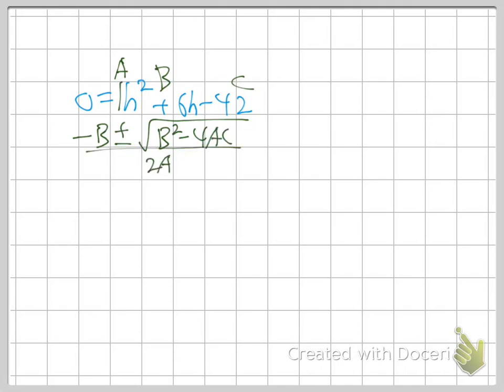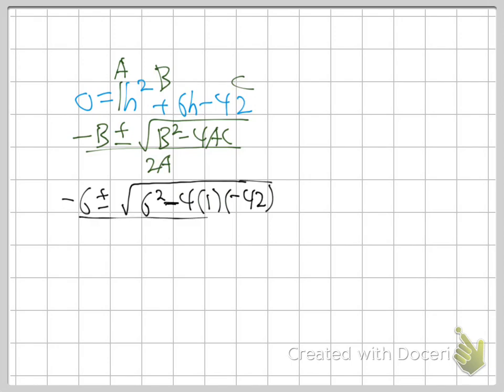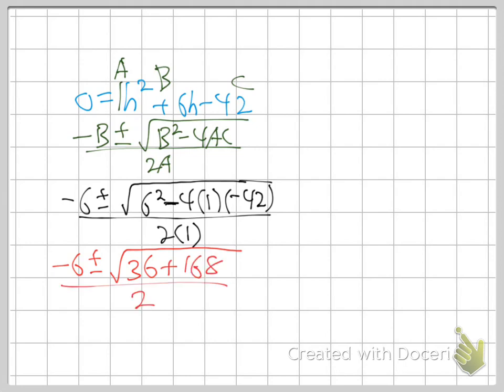Okay, so it's negative 6 plus or minus the square root of B squared minus 4 times A times C all over 2A. So what do we get? 36 plus 168 all over 2.